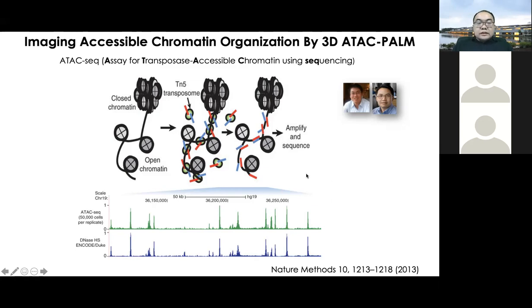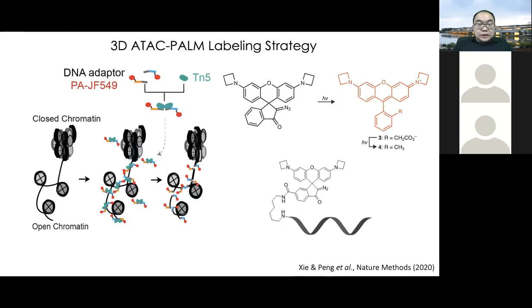So I contacted Howard, and we decided to join forces and develop this 3D ATAC-PALM imaging strategy. Specifically, we put a photoactivatable PA-JF549 dye into the DNA oligo, and Tn5 can insert this photoactivatable dye with high density into the accessible chromatin.